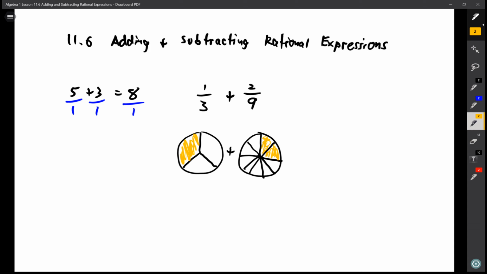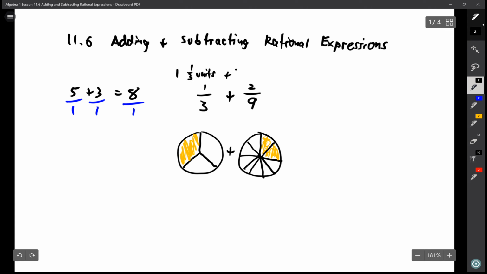We could view this as 1/3 unit plus 2 9th units. I can't just add the 1 and the 2 to each other because the 1 of what I have and the 2 of what I have are not the same size as each other.